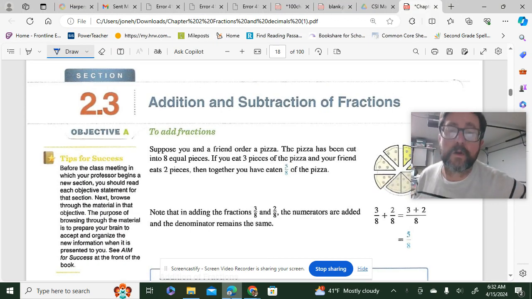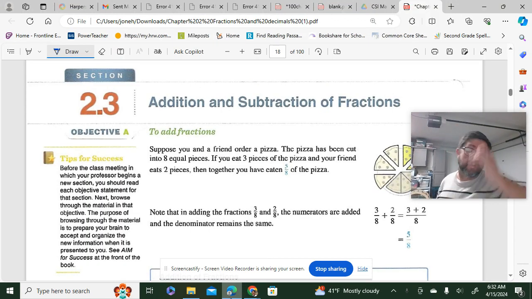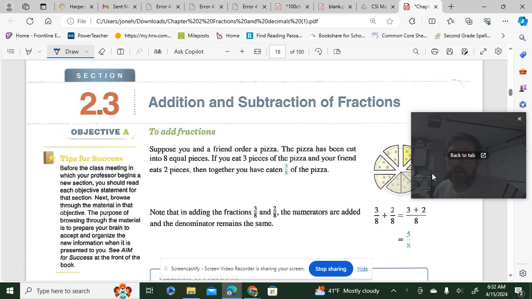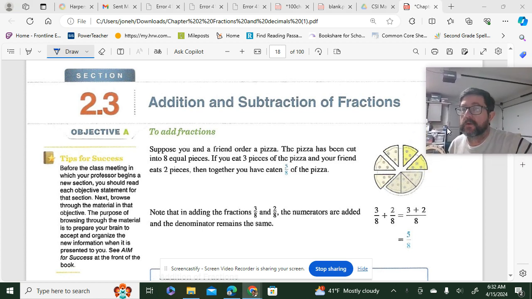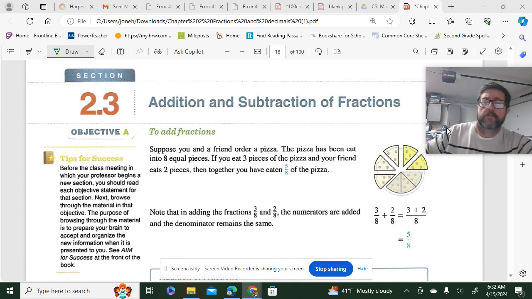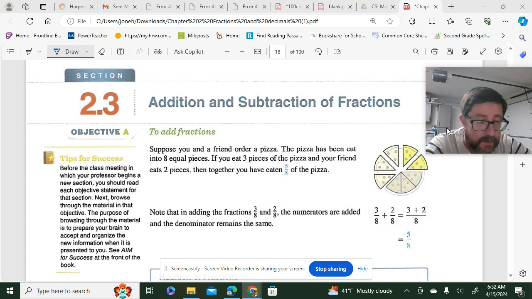Okay, so we are on section 2.3. I wanted to go over this. For the remainder of this chapter, I think I'll concentrate a lot more on your calculators.